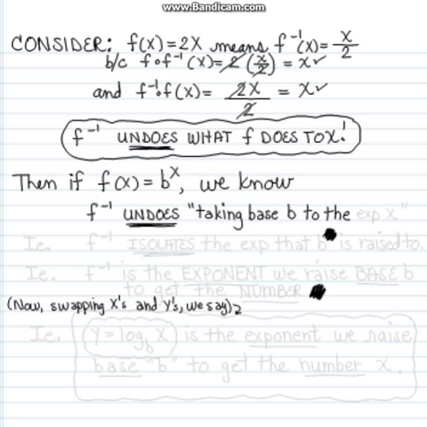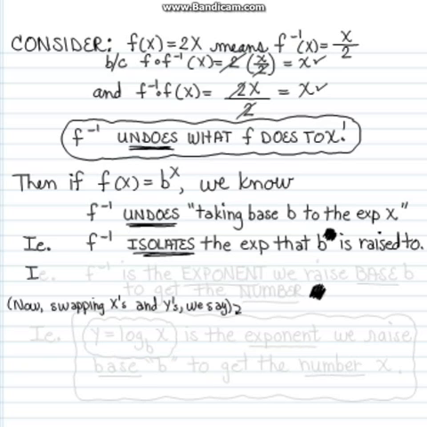In other words, f inverse is going to isolate the exponent that base b is raised to. In other words, f inverse is going to end up being the exponent that we raised base b to get the number, whatever the number was.